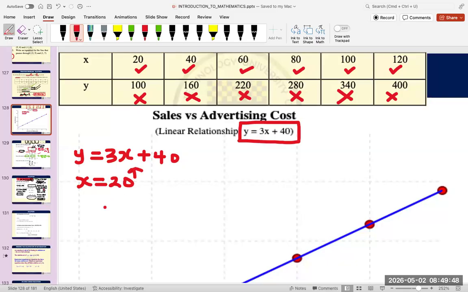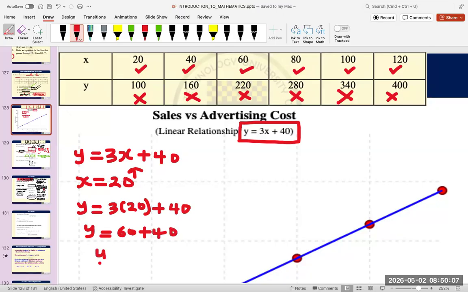Let's fix x equals 20 here. So we have y equals 3 times 20 plus 40. This gives us 60 plus 40, and the answer is y equals 100. That's what you are seeing here. So you see, we have used the model to find the value of y, assuming we didn't know it.